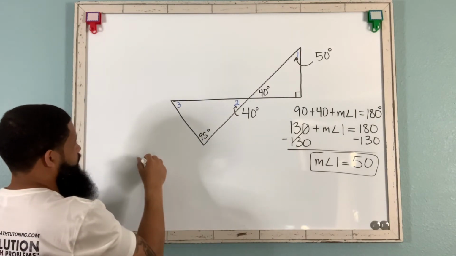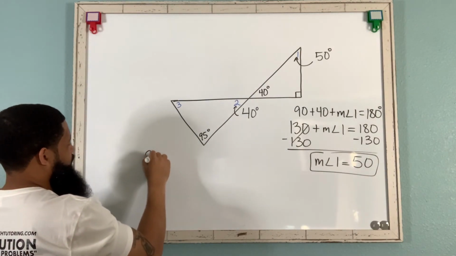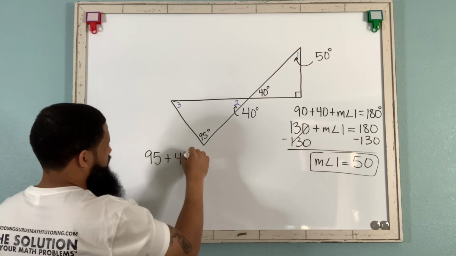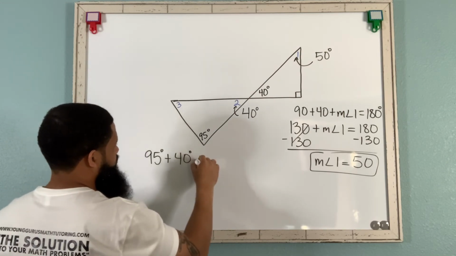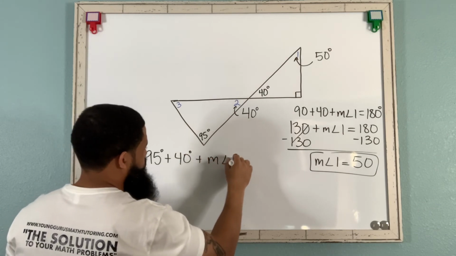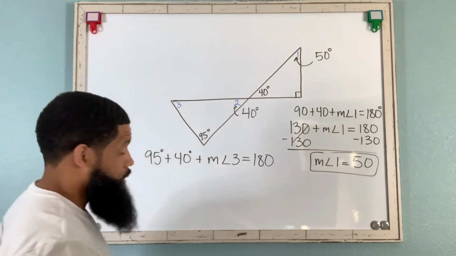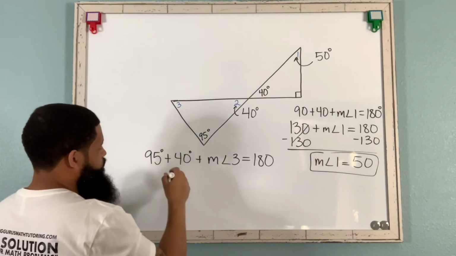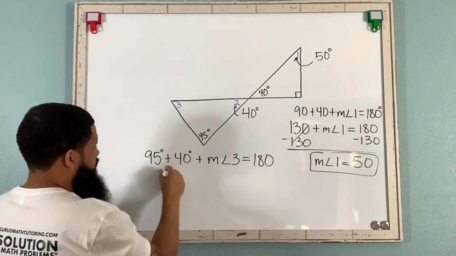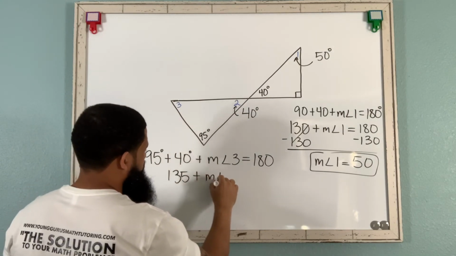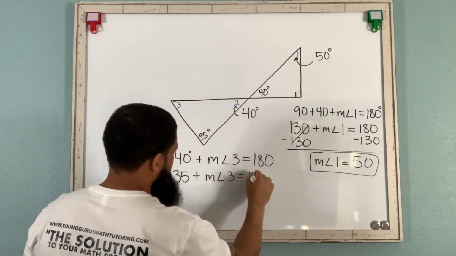So I can say 95 plus 40 plus, I'm going to put degrees here, plus the measure of angle 3 has to equal 180 because of the interior angle sum theorem. All right, so here we have 135 plus the measure of angle 3 equals 180.